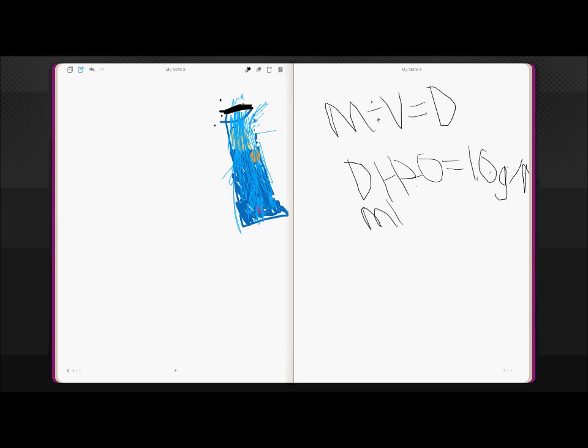Now, what about the density of ice? Okay, the density of ice. We looked it up on Wolfram Alpha. So the density of ice, D equals 0.916.